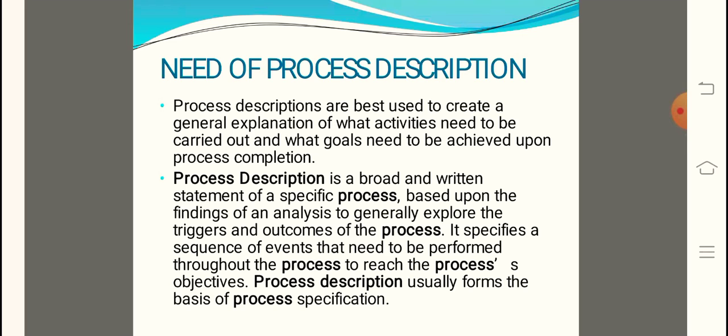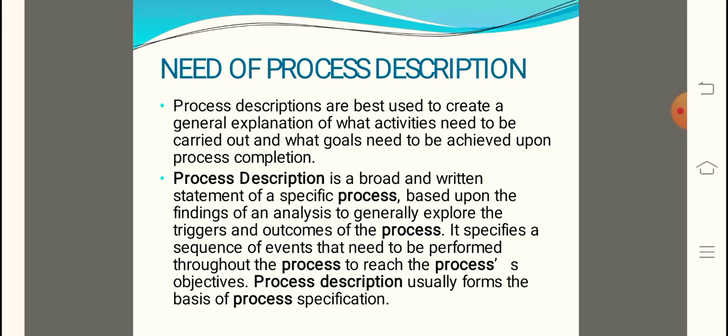Now let us see what is the need of process description. Process descriptions are best used to create a general explanation of what activities need to be carried out and what goals need to be achieved upon process completion.